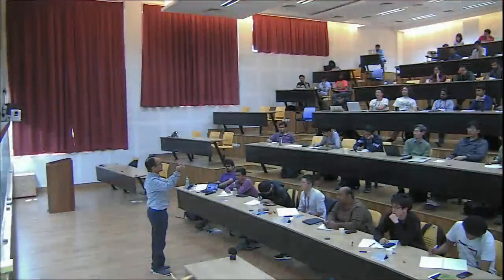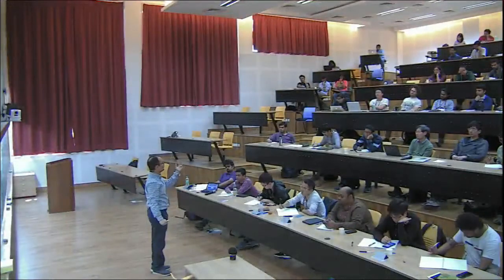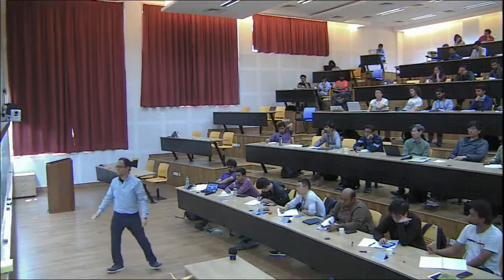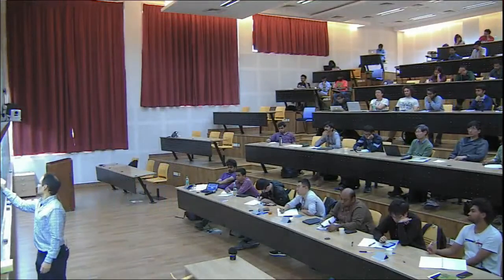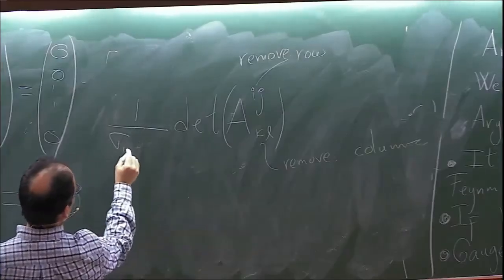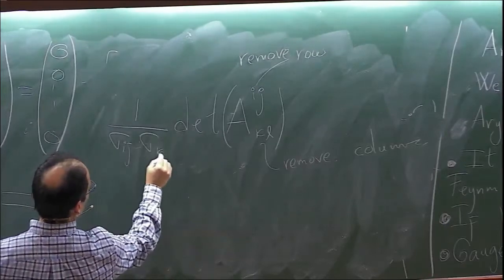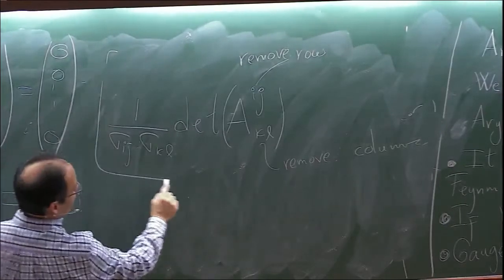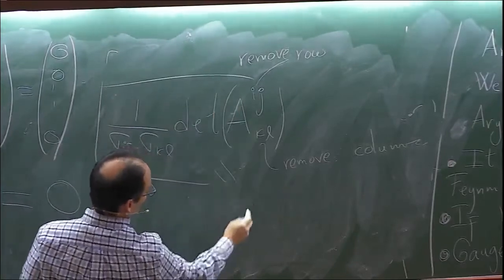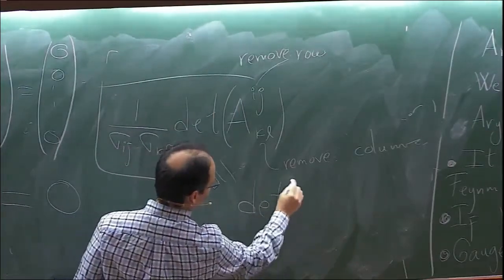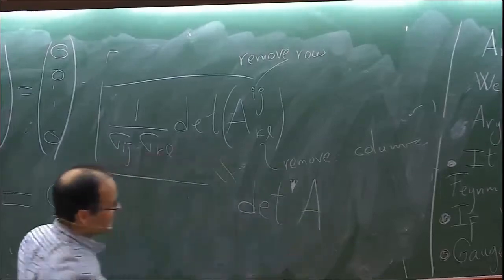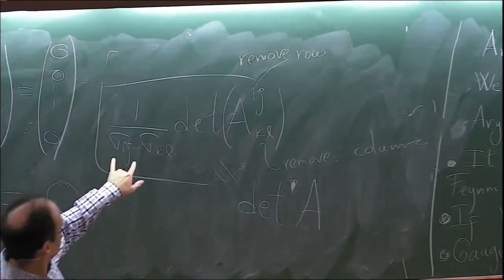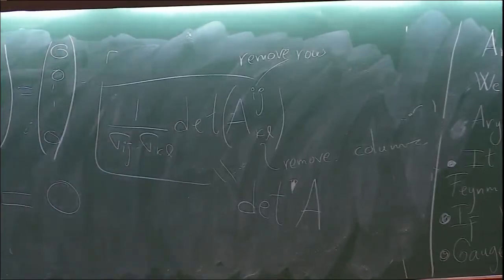And once you remove 3 scattering equations, all you had to do was to choose the Vandermonde of the 3 things that you removed. So in this case, this happens to be the answer. This object is what we could call the determinant prime of the matrix A, and is independent of the choice that I make of I, J, and K.